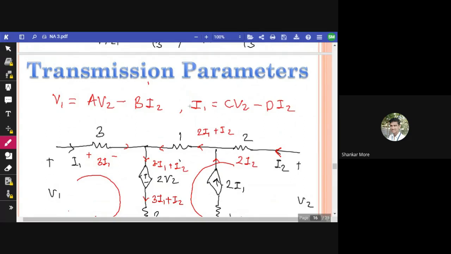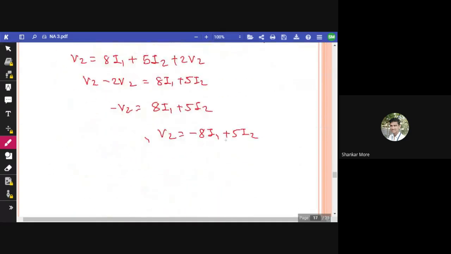But if you consider this second formula, here we have V2, I2, and I1. That means this formula can be changed in the form of I1 is equal to XYZ. Okay. So how do we do that? Just keep I1 aside and all other terms aside. So it would be 8I1.